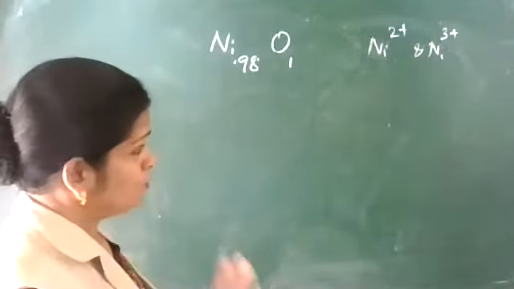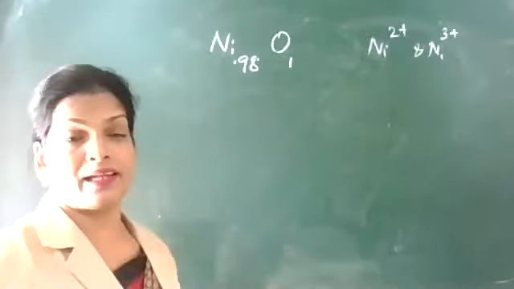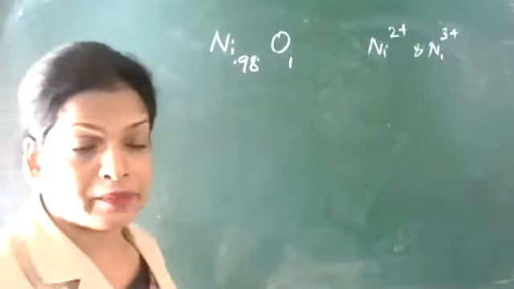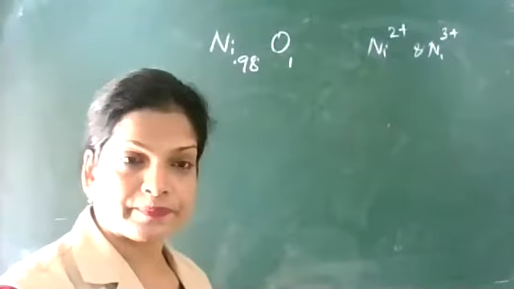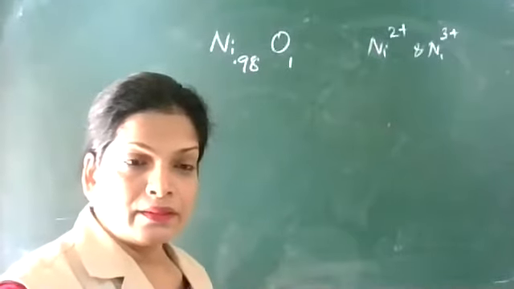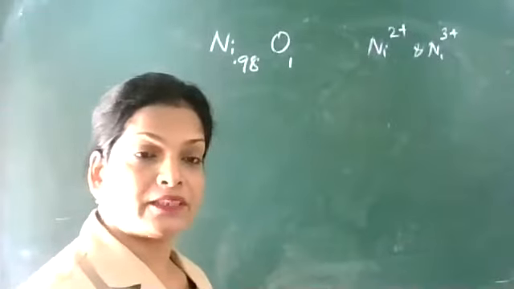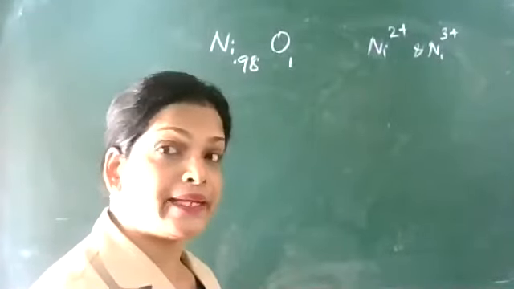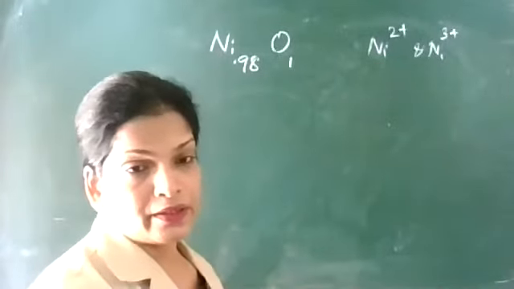So, whatever may be the condition, if it is an ionic crystal, electrical neutrality is maintained, means number of positive charges is equal to number of negative charges. Suppose there are 56 positive charges and 56 negative charges, that number is equal. 56 is equal to 56.